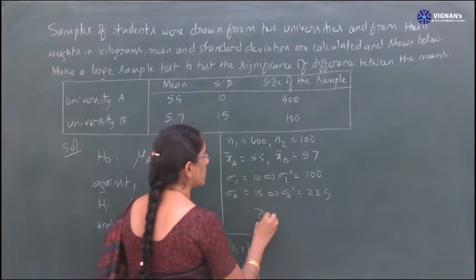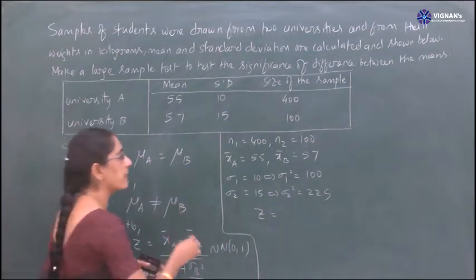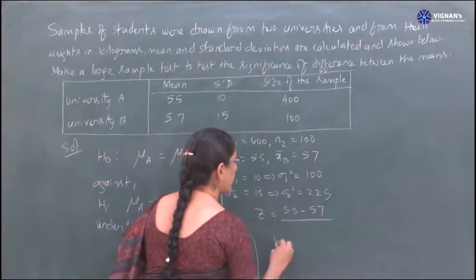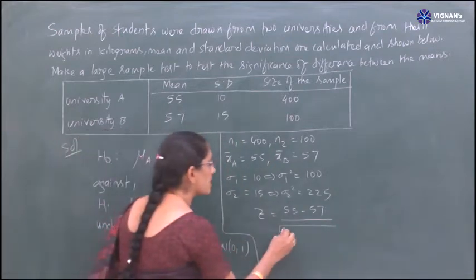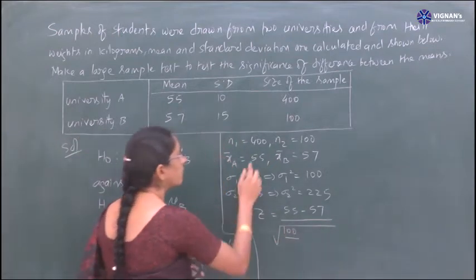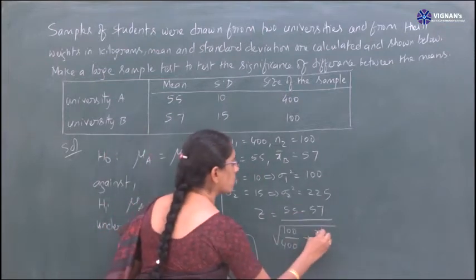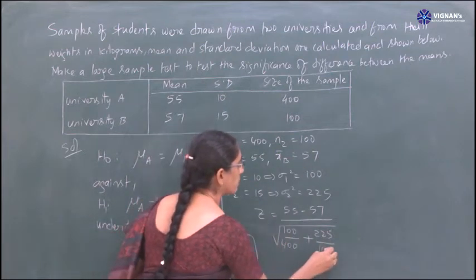Now substitute in the Z statistic. So x bar A minus x bar B means 55 minus 57 by square root of sigma 1 square by n1, that is 100 by 400, plus sigma 2 square, that is 225 by n2, which is 100.